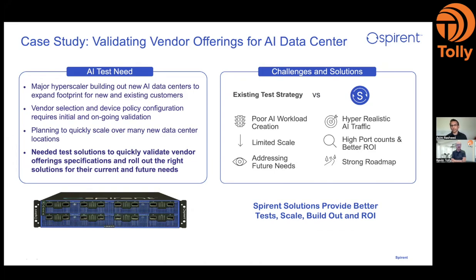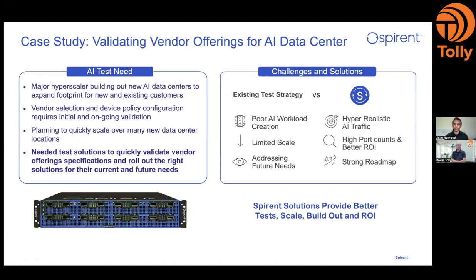So the customer needed all of this as they were evaluating different solutions, to determine which software and hardware solution to incorporate and deploy in their AI data center. They needed a test solution to quickly validate the different vendor offerings they were evaluating and roll out the right solution that met their current needs as well as being open to future upgrades.